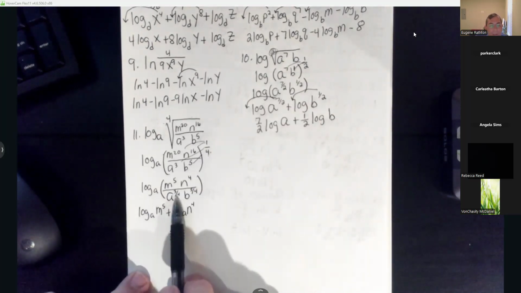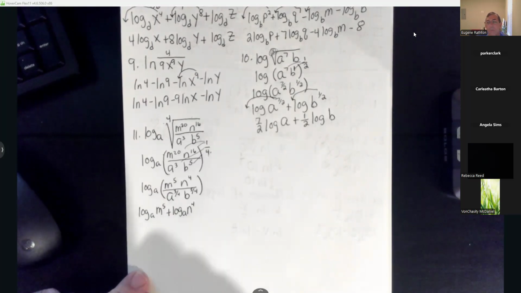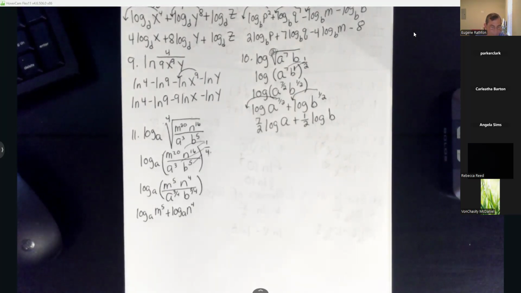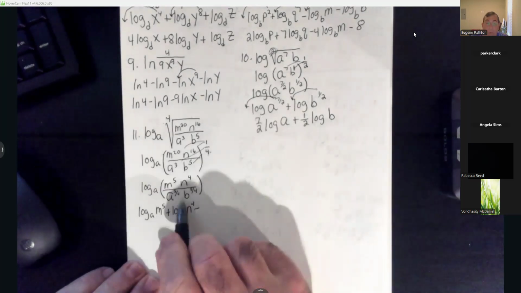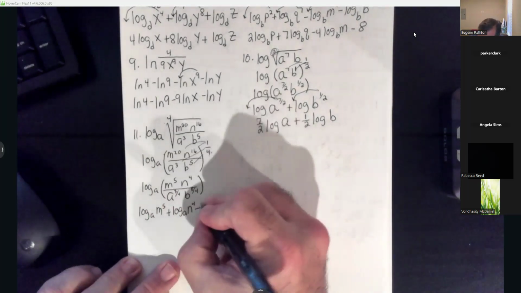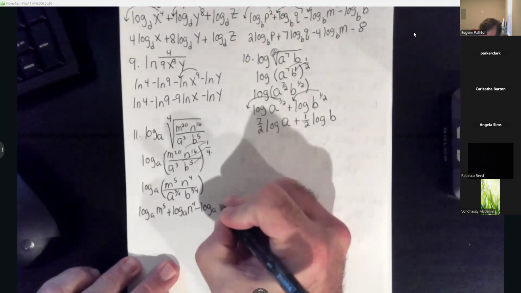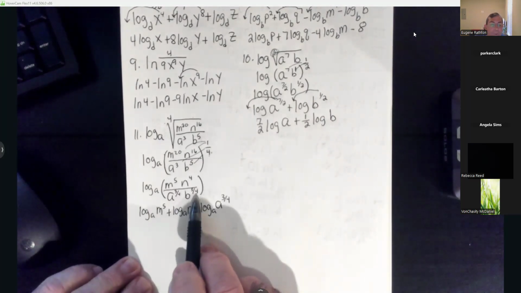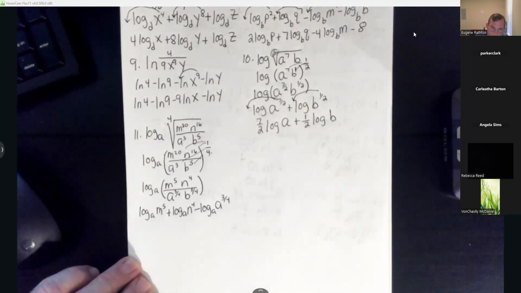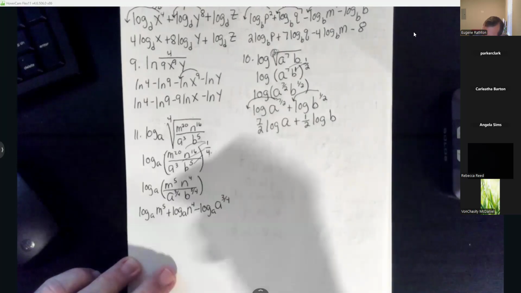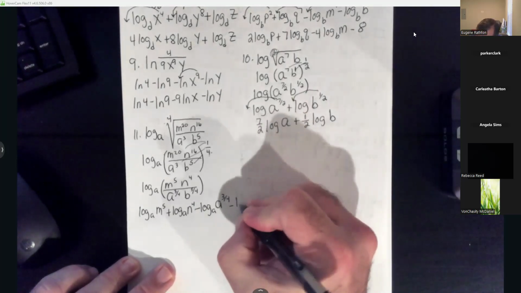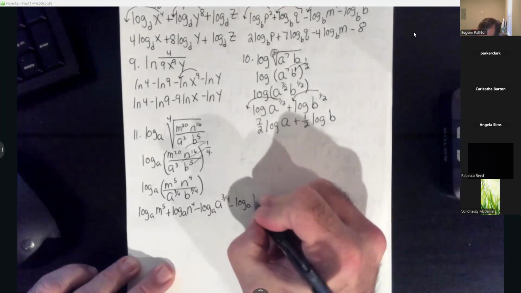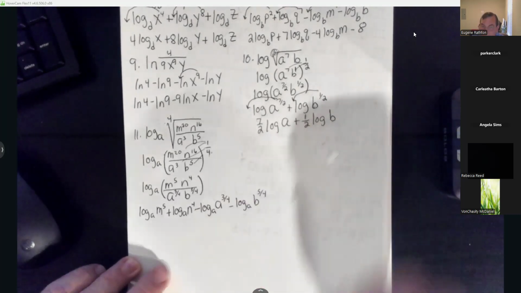All right, so next factor is A to the 3/4. Would y'all add or subtract that one? Subtract. Okay, because remember, that's on the bottom. So that'll be a log A of A to the 3/4. And then how about the b to the 5/4? Adding that one or subtracting? Subtract it. Okay, so that'd be minus a log A of b to the 5/4.